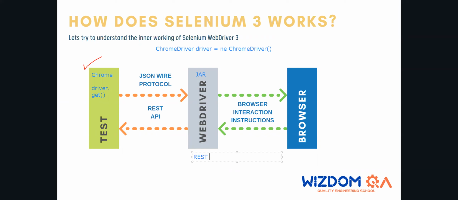For example, when I say driver.get, there is an equivalent request for this method which is transferred to the jar file, to the REST API server over here. And then that action gets performed at the browser level. That is exactly what is happening.